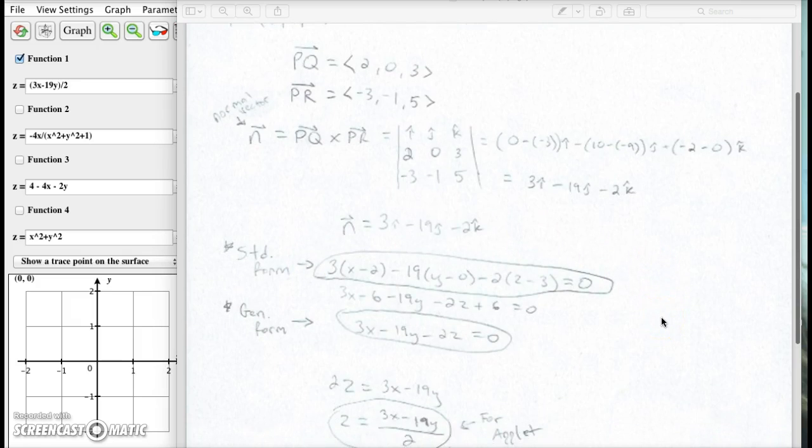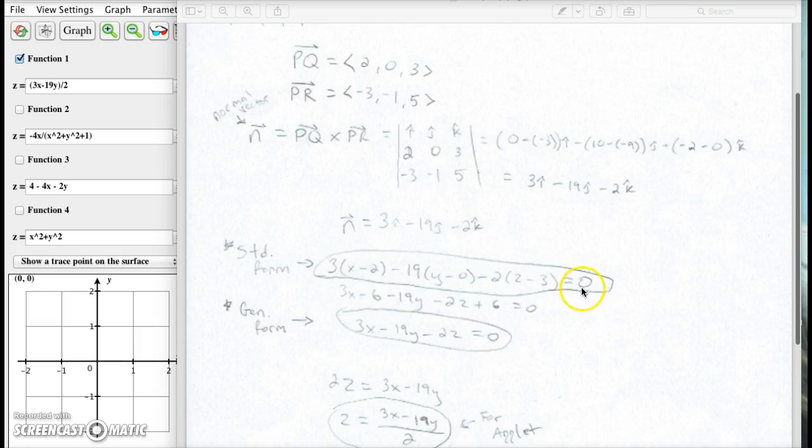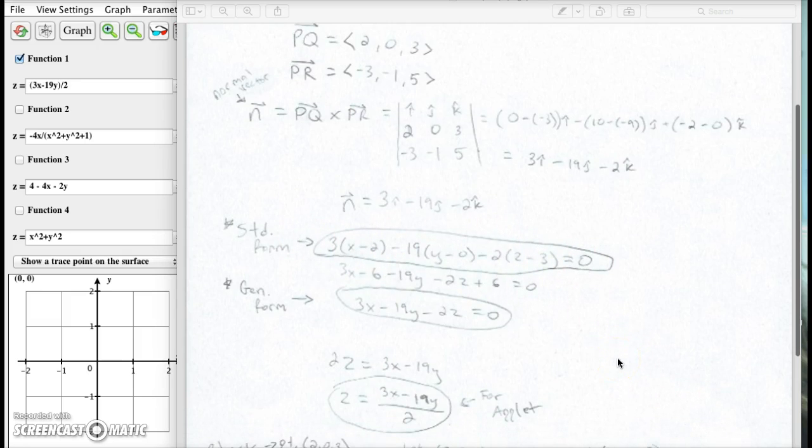And then you could factor it out, do some algebra, and you come up with 3x minus 19y minus 2z equals 0. Don't forget the equals 0, because that's what makes it an equation. That's very important. You need that at the end there. So once you factor it out and simplify it, this is the general form of your equation.